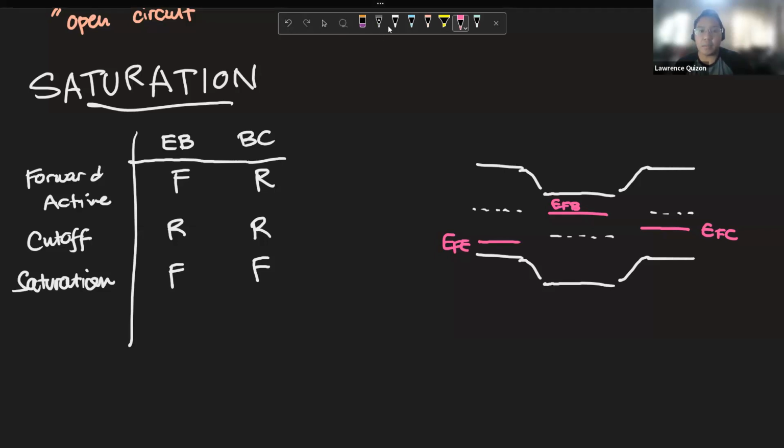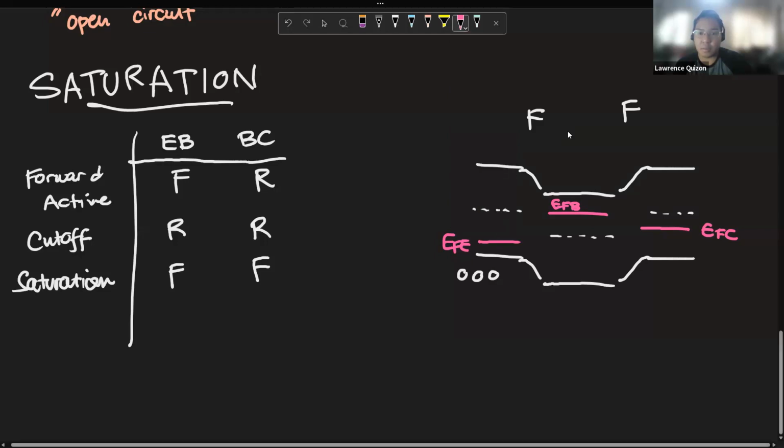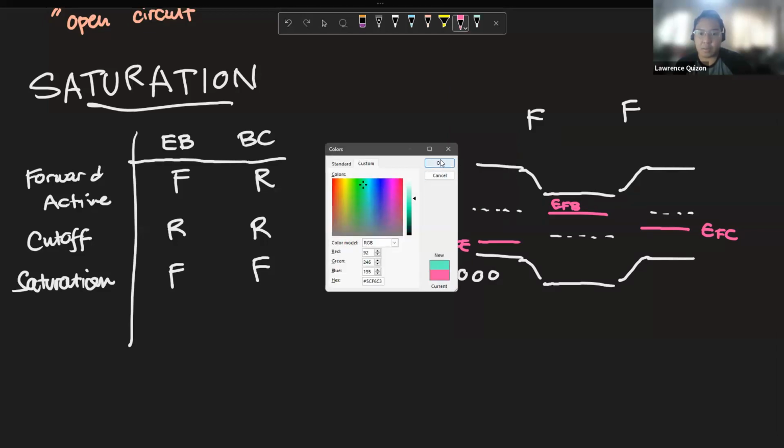Then what we see here is, note, the energy barriers are low because both are forward biased. Then, other notes, let's find the light green color.